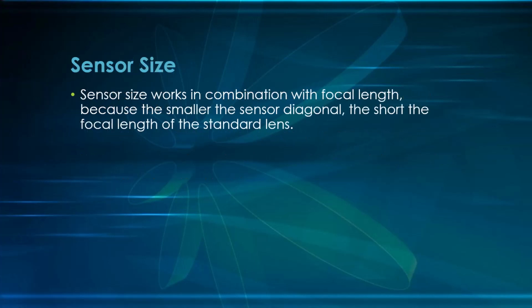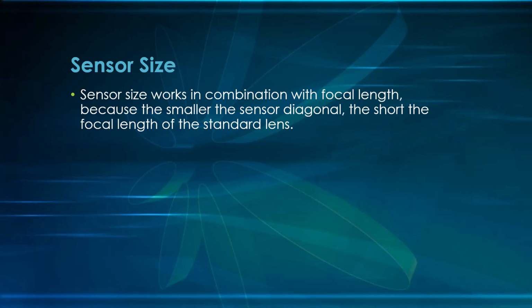Sensor size is another thing that affects depth of field, but it's also one that a lot of people say affects the depth of field indirectly. Sensor size works in combination with the focal length, because the smaller the sensor diagonal, the shorter the focal length of the standard lens is. So actually the focal length ends up being smaller, and that affects the way the depth of field works, even though both are standard lenses.